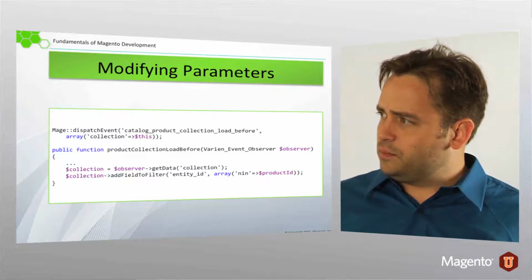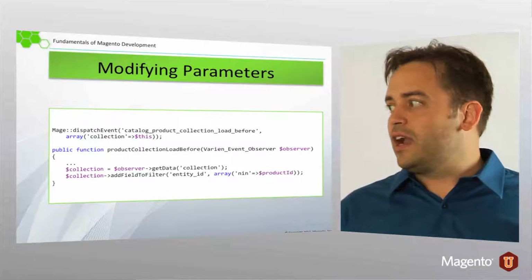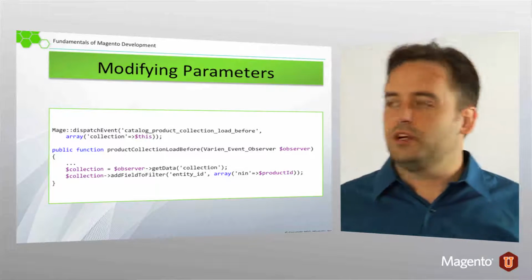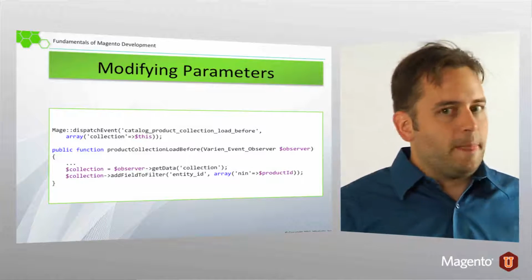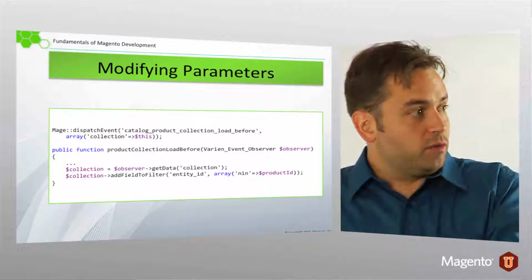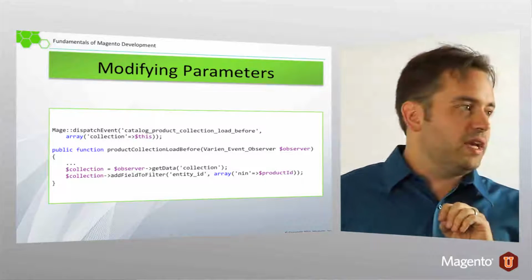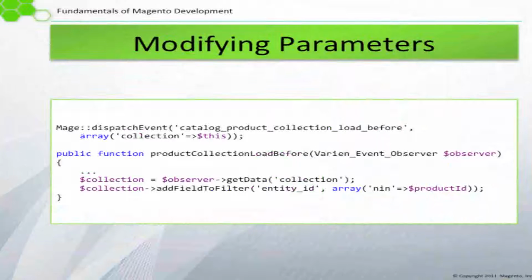We'll get the data from our collection, and here we're actually adding an entity ID. So we're altering that collection somehow. And the nice thing is, execution is happening. Our observer basically breaks into that execution. We're able to get at this collection object, do something to it, and then let it go, and execution continues to fire.